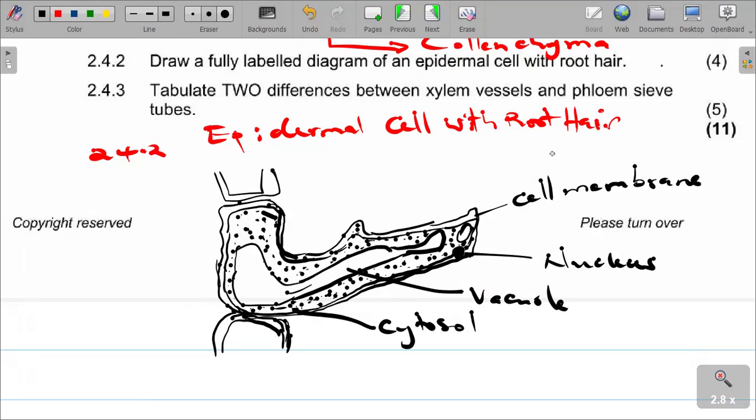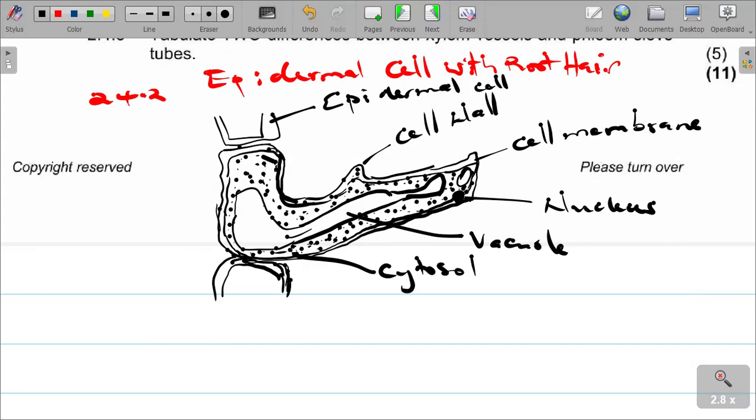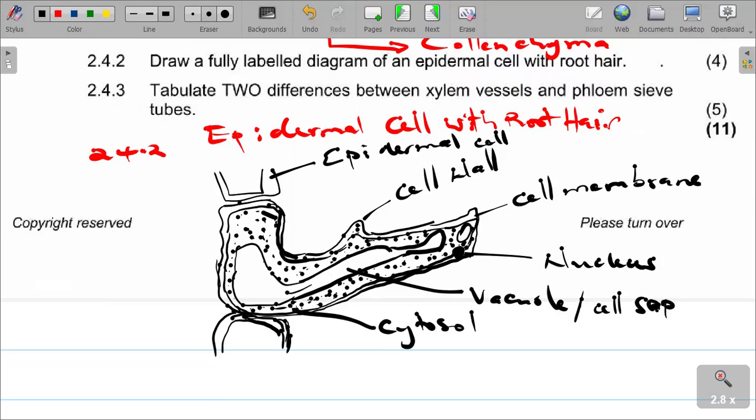The cell membrane is shown, and of course, we have the cell wall, which is also shown there. And then we have the epidermal cell, which is also shown there. I think if you check back from what we have answered, that has been given also. So it's all about being able to give the heading and also label those parts as they are given there.